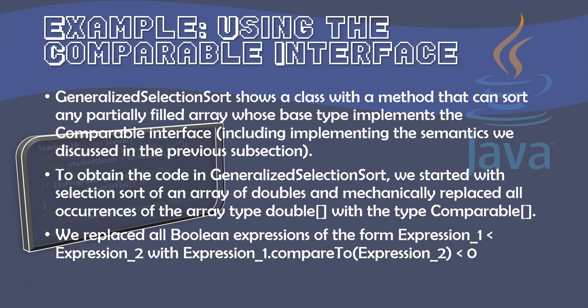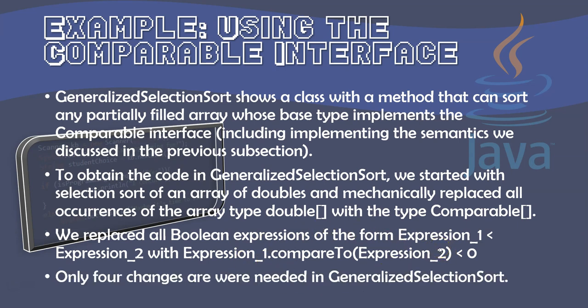And we replace all Boolean expressions of the form expression 1 is less than expression 2 with expression1.compareTo(expression2) is less than 0. You notice it's a less than 0 here, which we have seen before when we dealt with things like alphabetical or lexicographical order. Therefore, there are only 4 changes that we need to make from our selection sort class to use in our generalized selection sort.